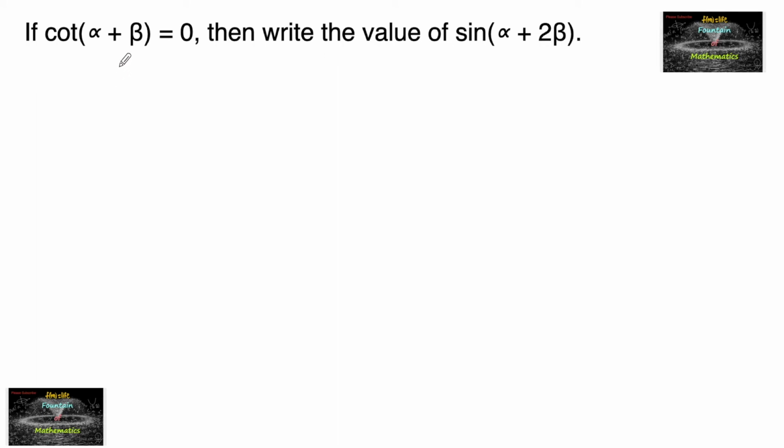If cot of alpha plus beta is equal to 0, then write the value of sin of alpha plus 2 beta. So here the angles alpha and beta are not mentioned. Let us assume that alpha and beta are acute.